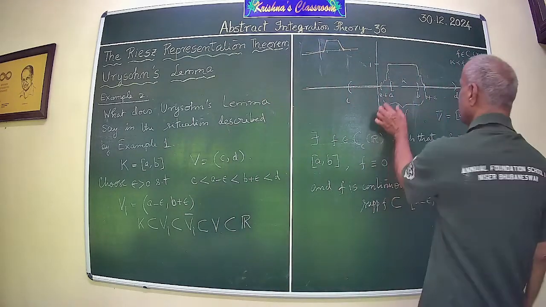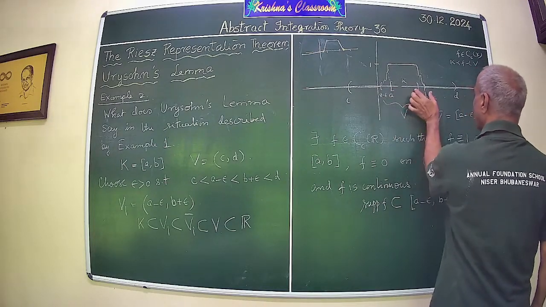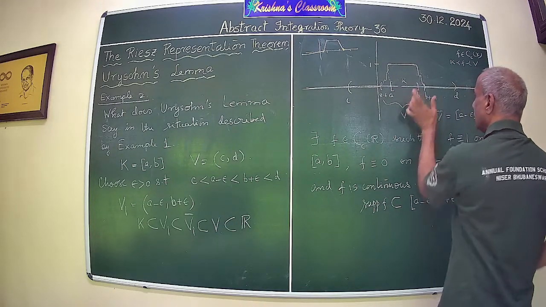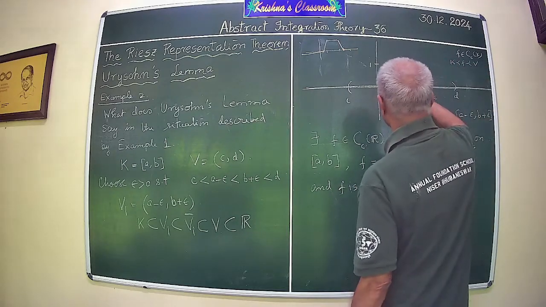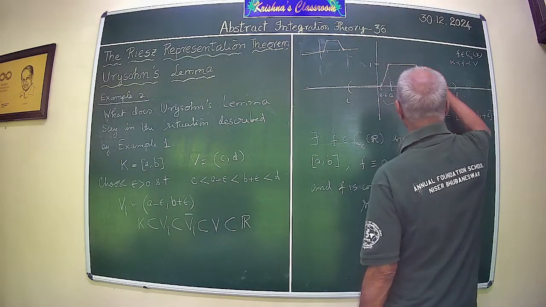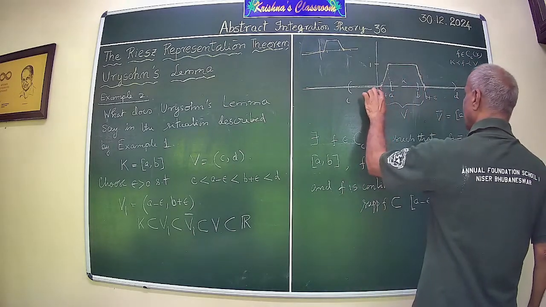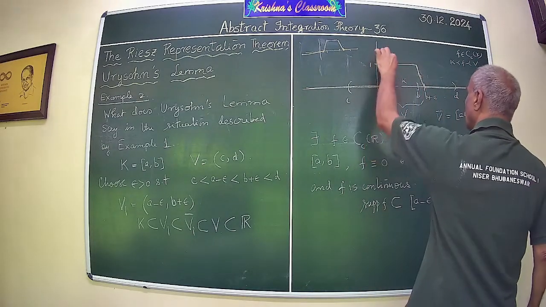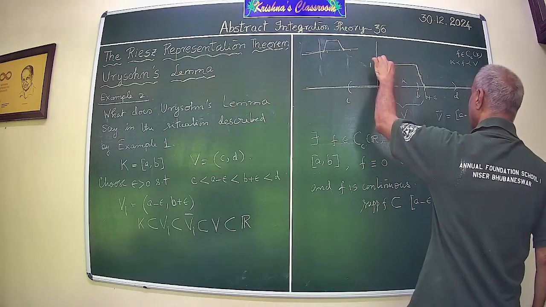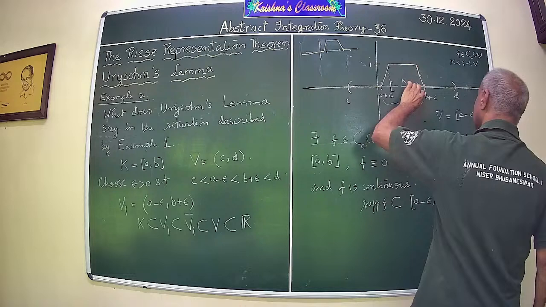Now, as long as there is a gap between A minus epsilon to A and B to B plus epsilon, you can draw a line from here to here, which takes the value 0 at A minus epsilon, 1 at A, and 1 at B, and 0 at B plus epsilon.